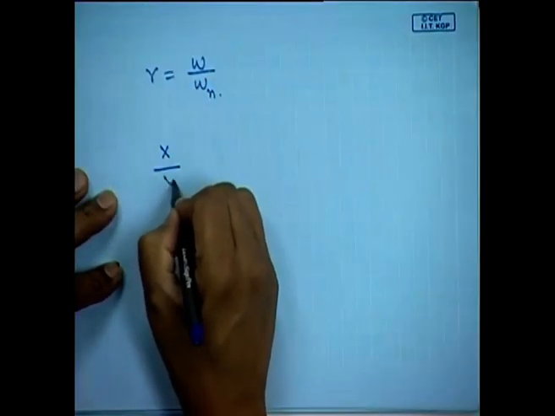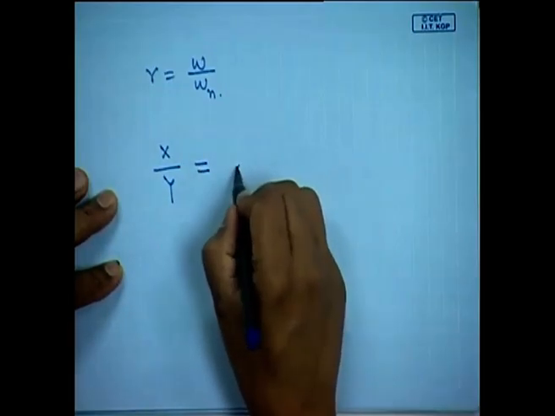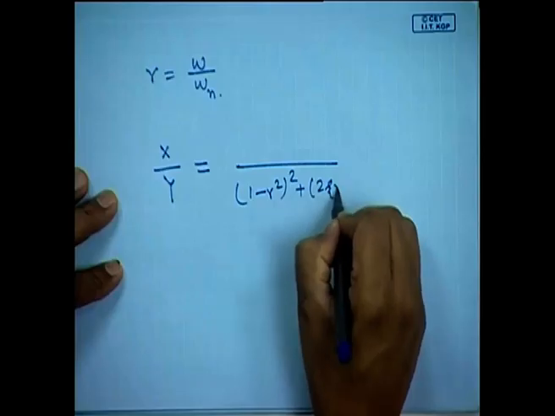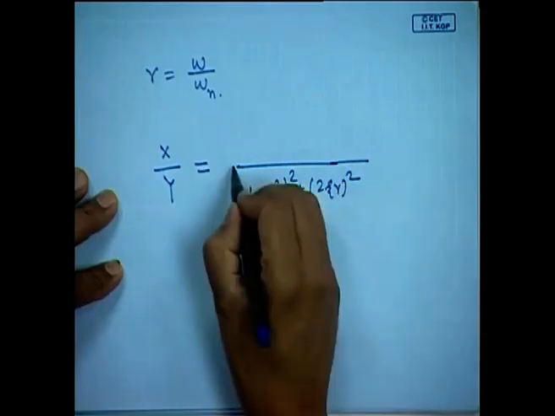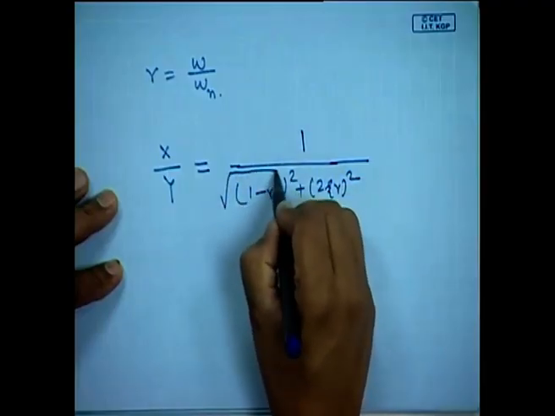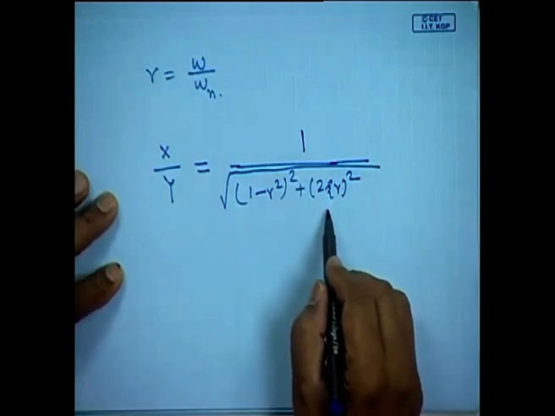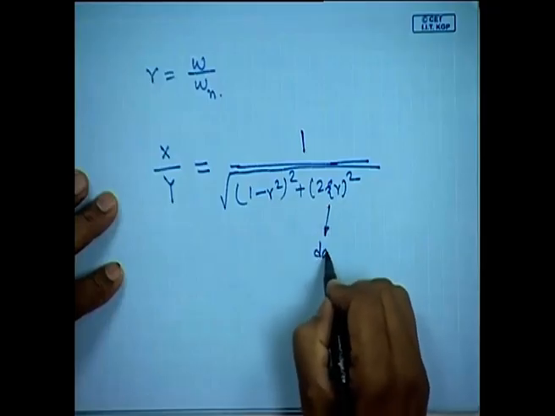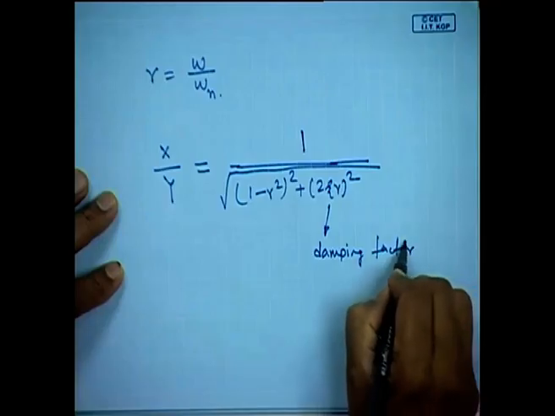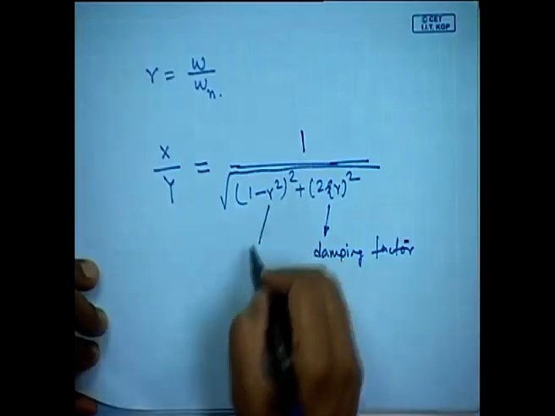So, the ratio which is transmitted, or the displacement, is actually given by an expression where zeta is the damping coefficient factor, and r is the frequency ratio.